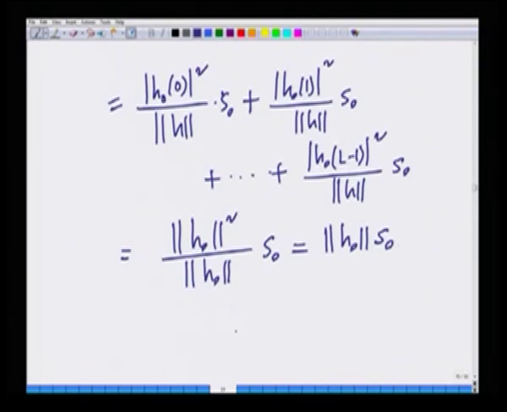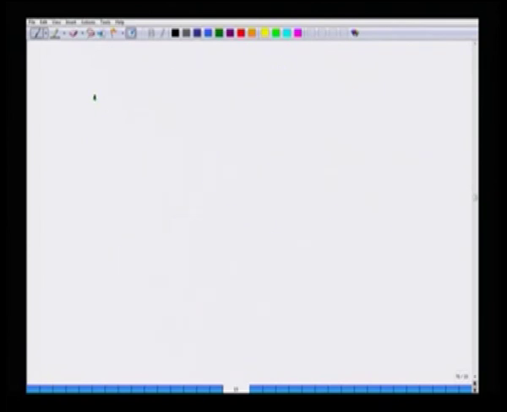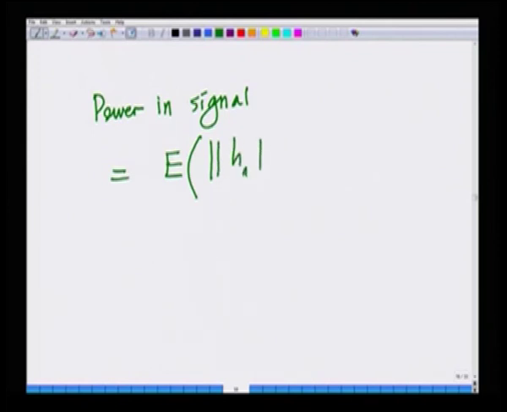Hence, the power in the signal is nothing but the expected value of magnitude h 0 times s of 0 squared, that is what we have already seen before.